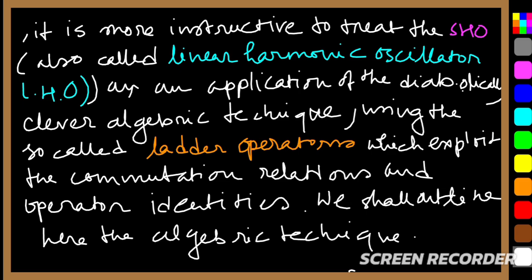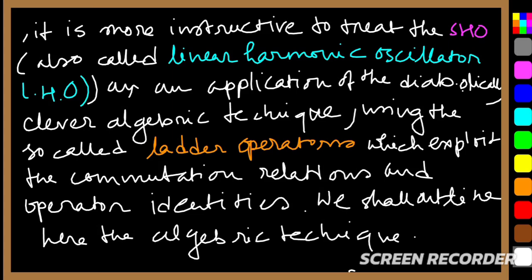So it is more instructive to treat the simple harmonic oscillator, which should be simply called SHO, also called the linear harmonic oscillator, that is, LHO. Okay, simple harmonic oscillator SHO: S for simple, H for harmonic, O for oscillator. Similarly, L for linear, H for harmonic, and O for oscillator.